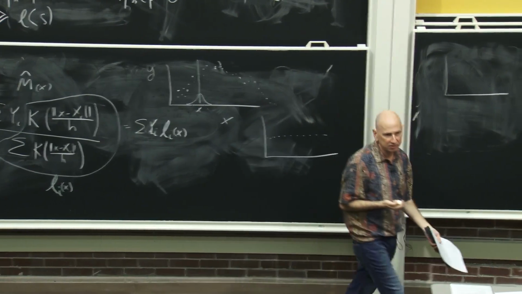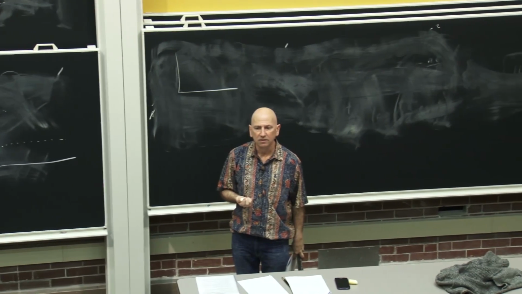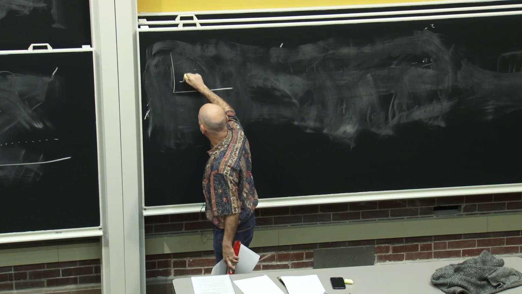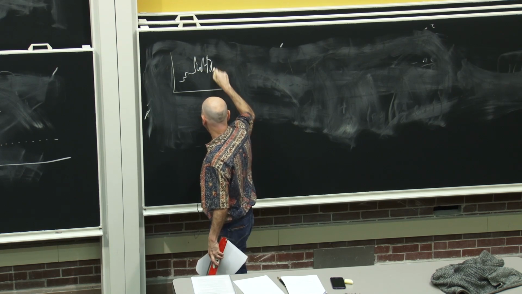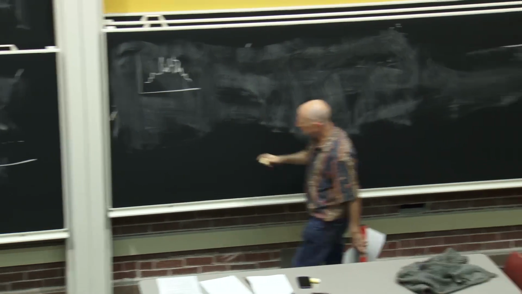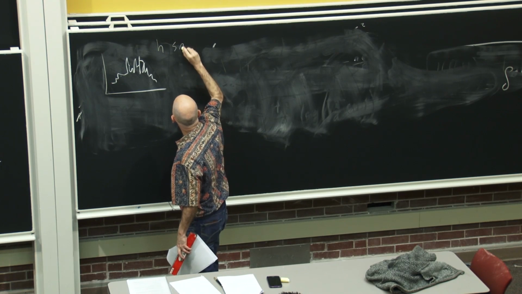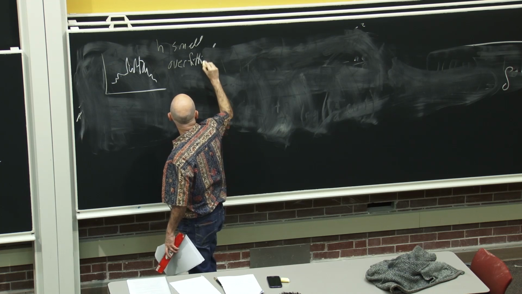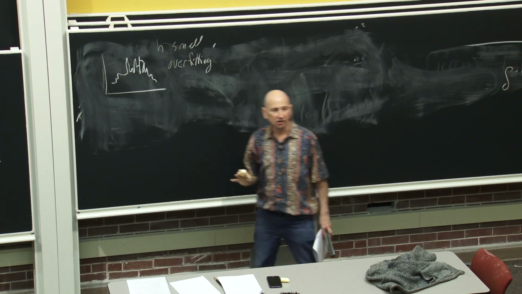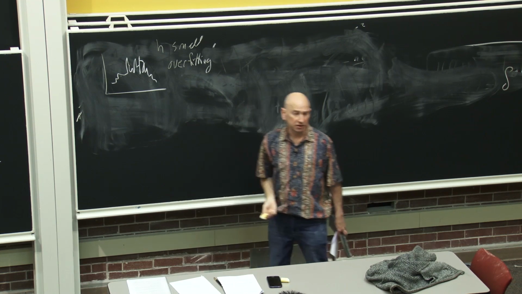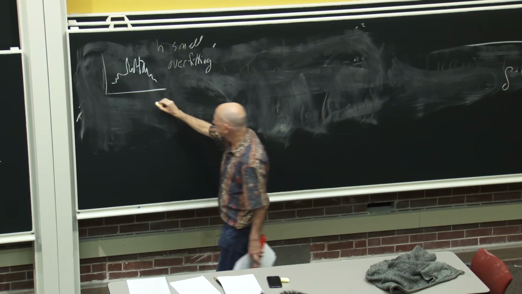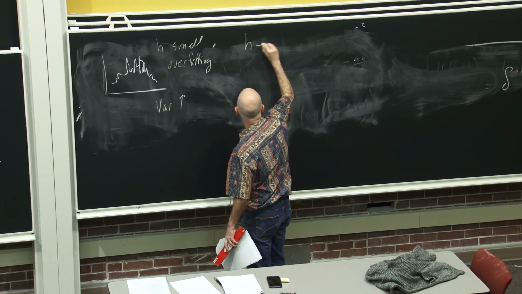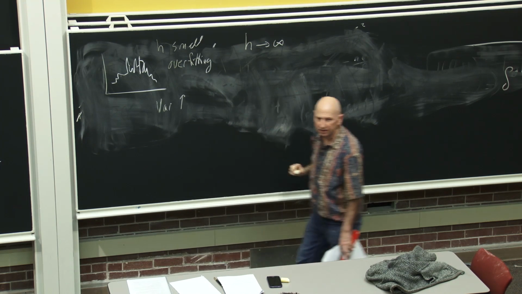What's going to happen when h goes to 0? What kind of estimator do I get out? You're just going to interpolate the points. It's not even well defined in between the points, but basically it's going to just interpolate the data. You're overfitting. This is h small. You're going to have very bad prediction error because the variance is going to be large. If I let h get really big, what do I get as h goes to infinity?